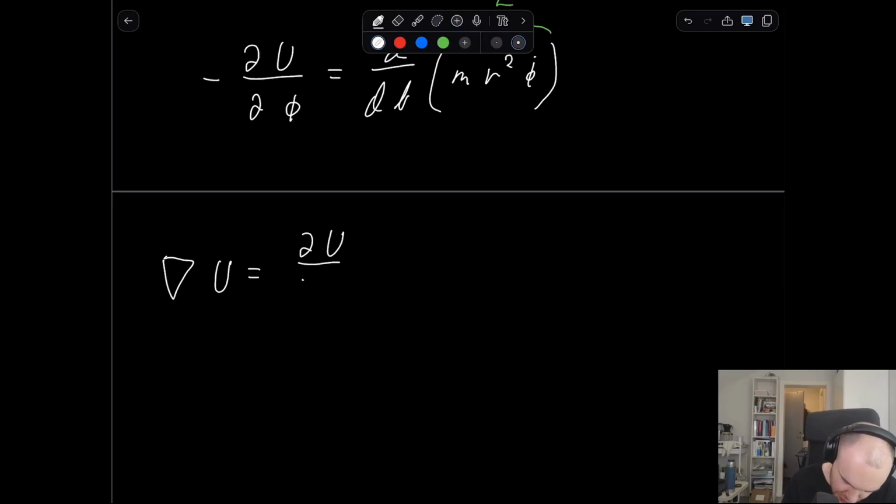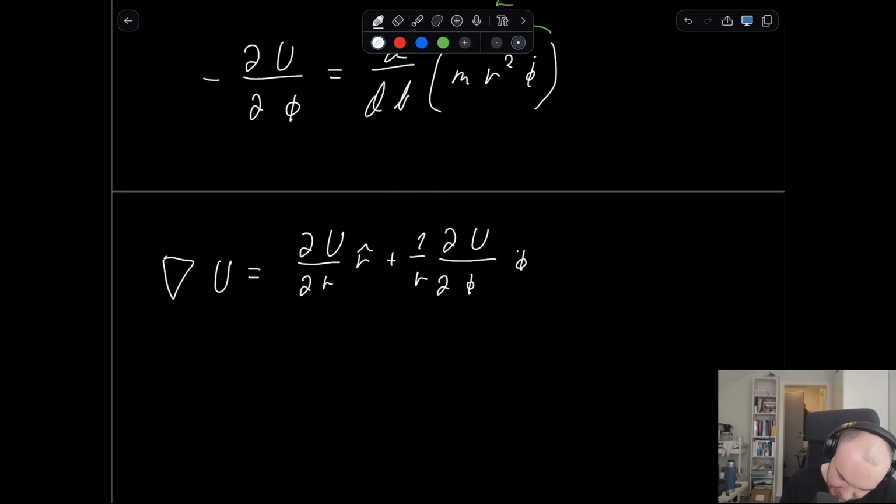So it's partial u partial r, and since it's a vector, we have r hat, plus partial u partial phi. But again, this is not a force, but it has to be a force. So to compensate, because it's an angle, we need 1 over r.